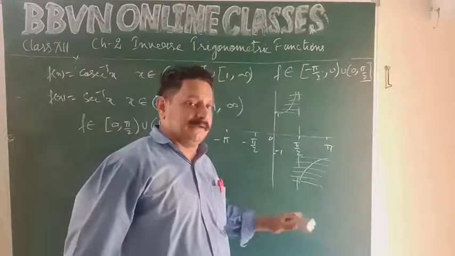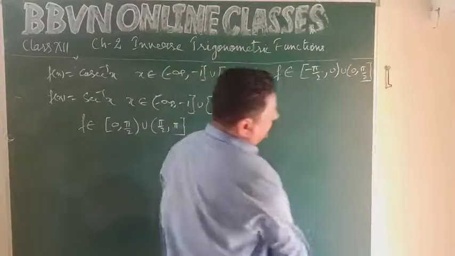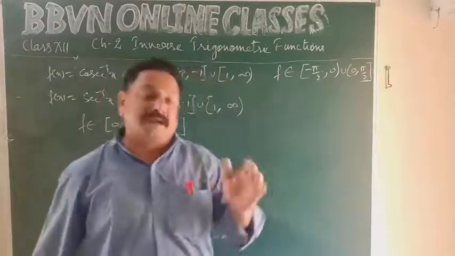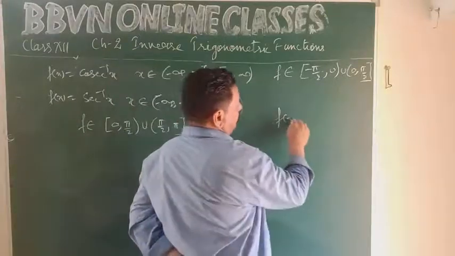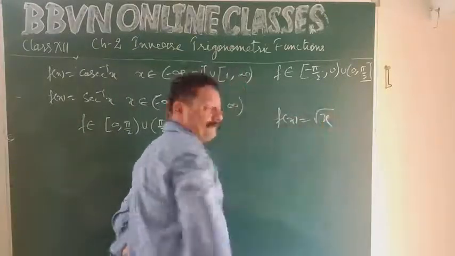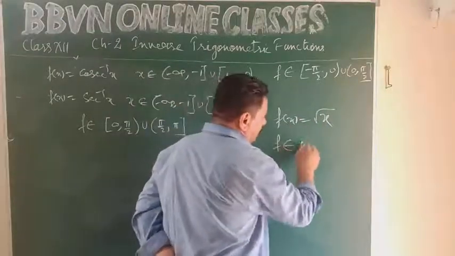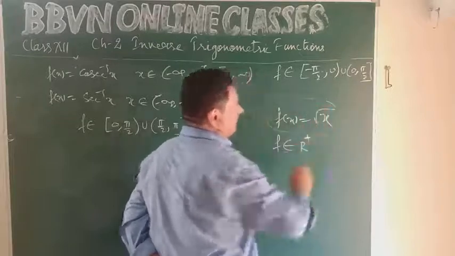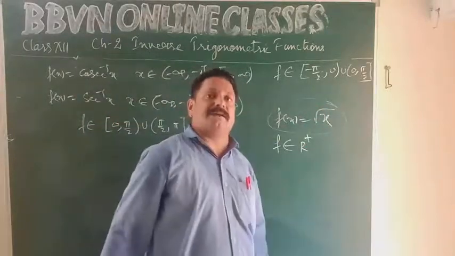So existence of an inverse trigonometric function is possible only if we confine the domain. For example, take the square root function, f of x equal to under root x. We have to say that f belongs to R plus, only then it is a function, otherwise it is a relation. We contract, reduce its range.